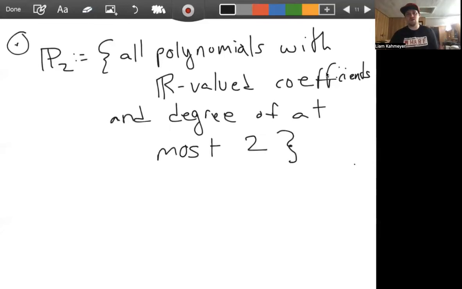Okay, so that's a very long-winded way of saying constant polynomials, linear polynomials, and quadratic polynomials with real valued coefficients, right?